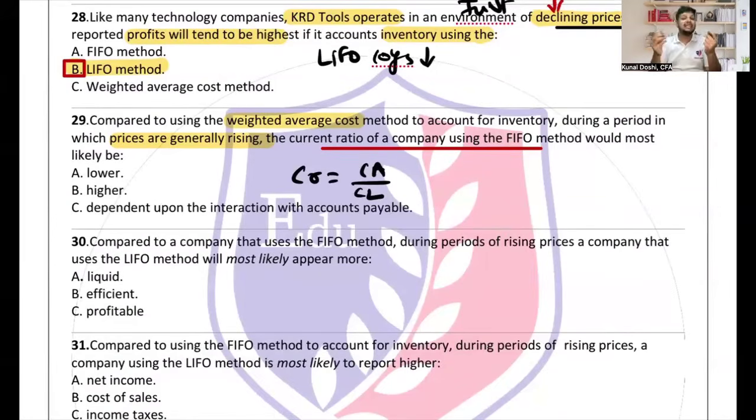FIFO inventory is highest, so FIFO's current assets are highest and therefore its current ratio is highest amongst the three, whether it's weighted average or LIFO. It's higher than both of them. Whether they give me weighted average or LIFO, my answer would still be the same.